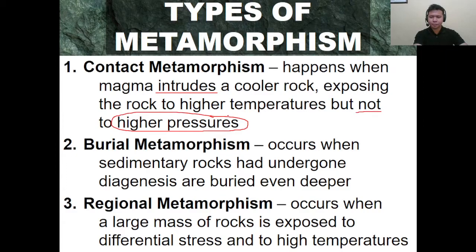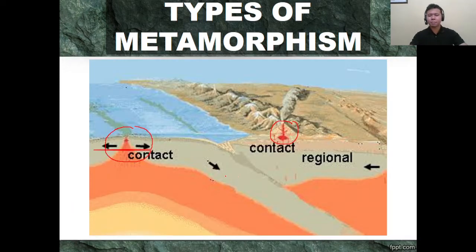Next, we have burial metamorphism. It occurs when sedimentary rocks had undergone diagenesis and are buried even deeper. When we say diagenesis, sedimentary rocks are changing because of heat and pressure. So for burial metamorphism, let's try to consider the oceanic crust and the continental crust.